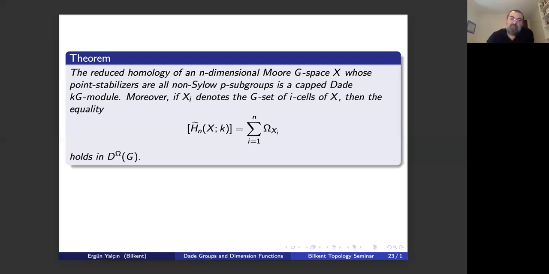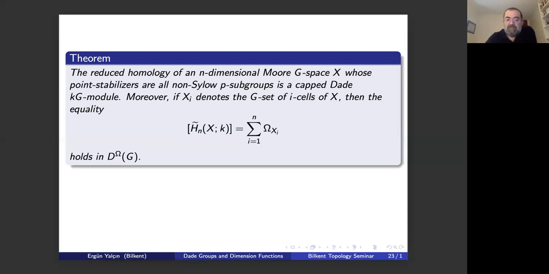So basically, Dade modules are the class of modules which will be the exact condition if you're searching for realizable KG modules of Moore spaces, under the condition that fixed point sets are also Moore spaces. Which is a little bit strong condition, I should say.